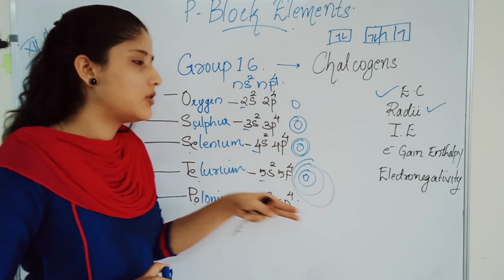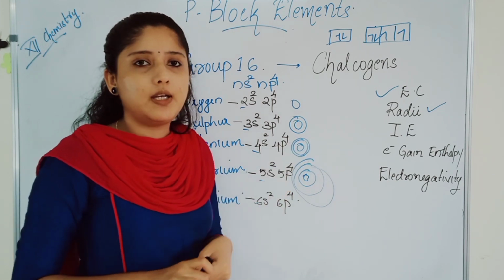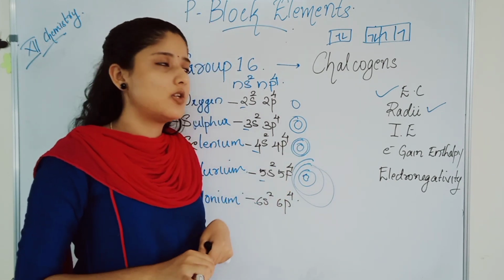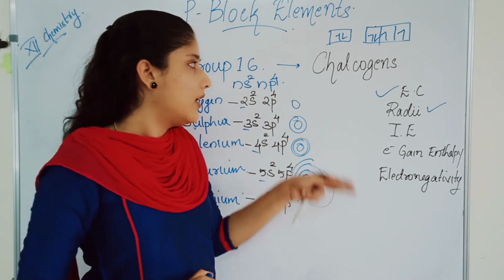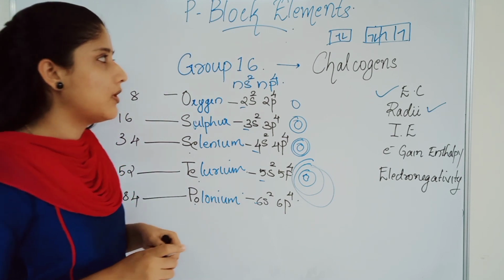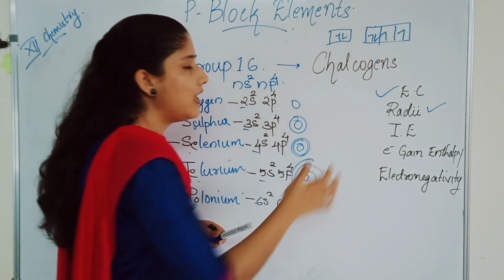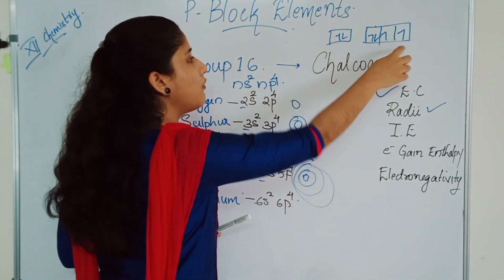So next we are going to study ionization enthalpy, that is the amount of energy required to remove the most loosely bound electron from the atom. Look here, this is ns2 np4. Here it is easy to remove an electron because removing an electron leads to a half-filled configuration.